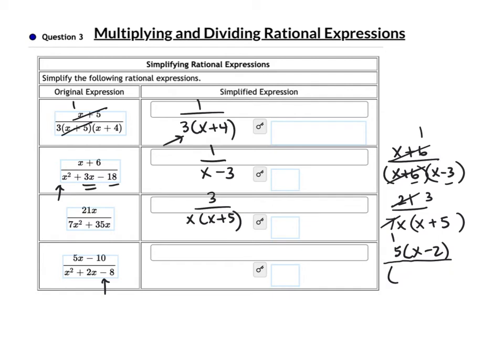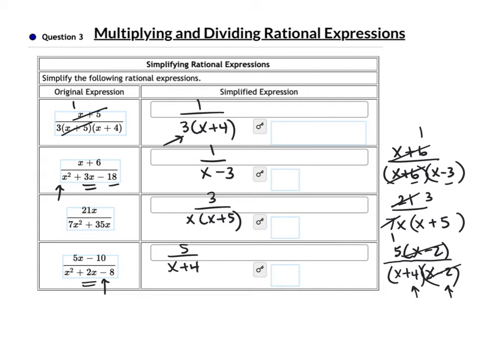And I've got to really make them add to positive 2, which means you're going to have x plus 4 and x minus 2. Notice that 4 plus negative 2, when you FOIL, will make positive 2. The x minus 2's cancel, and I've got 5 over x plus 4.